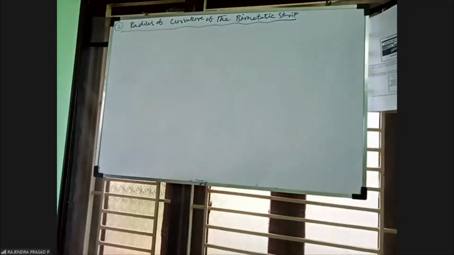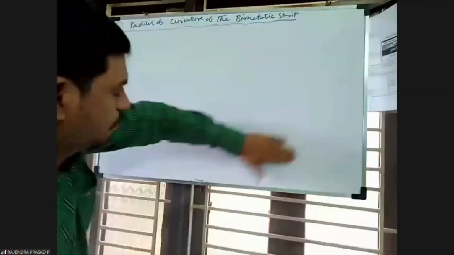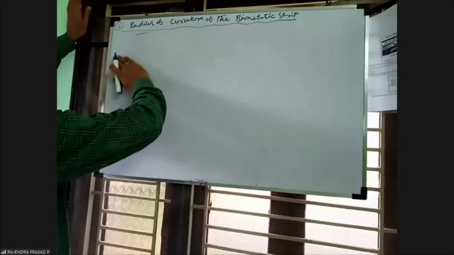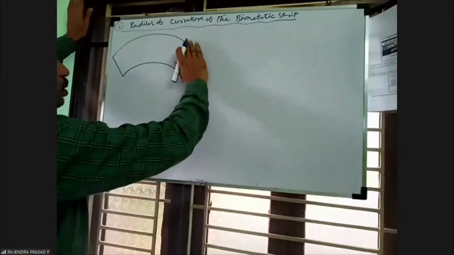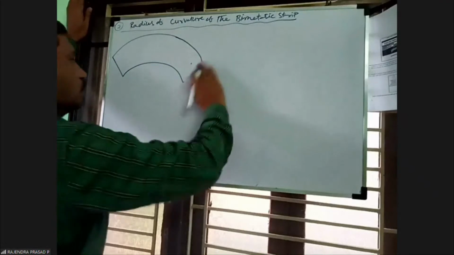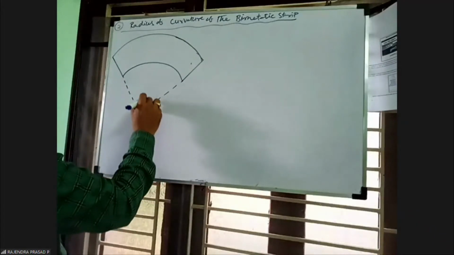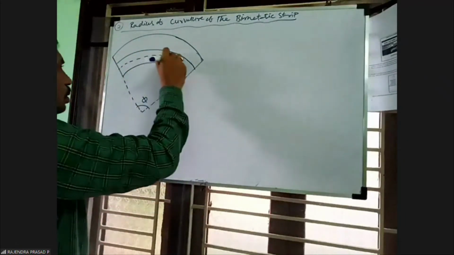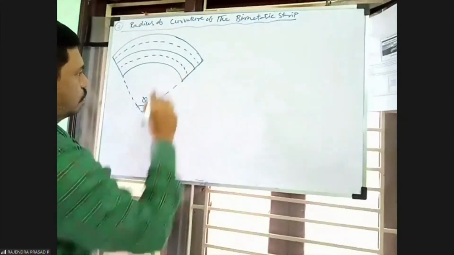Radius of curvature of the bimetallic strip. Here is a slightly bigger diagram.